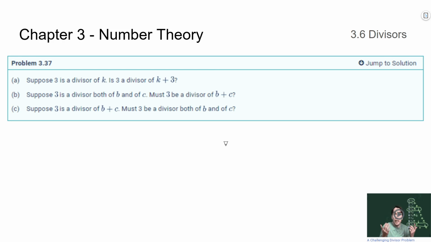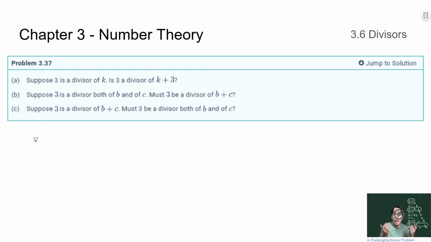All right, suppose 3 is a divisor of k. Must 3 be a divisor of k plus 3? Okay, so if 3 is a divisor of k, then k would be a multiple of 3, right?